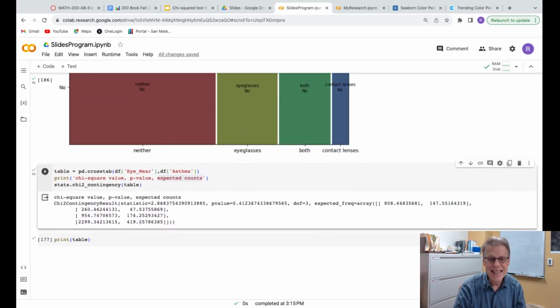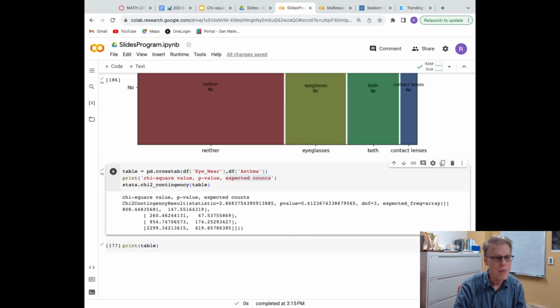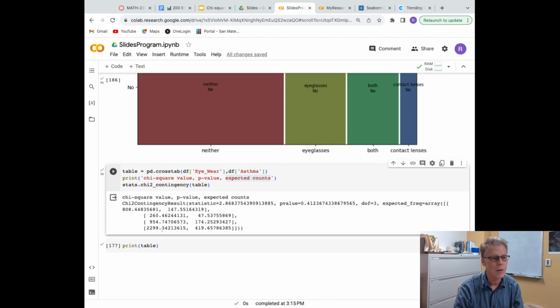And then this table right here, and I'm actually going to just move this so that it lines up a little bit better, the 808 and the 260 and the 954 and the 2299. These are the expected counts that would make those percentages equal to what I would have said with the whole thing.